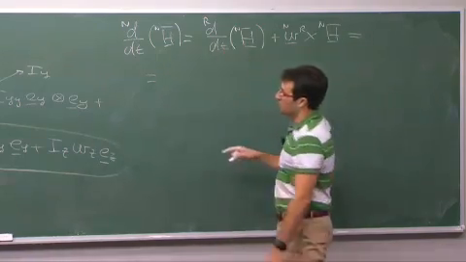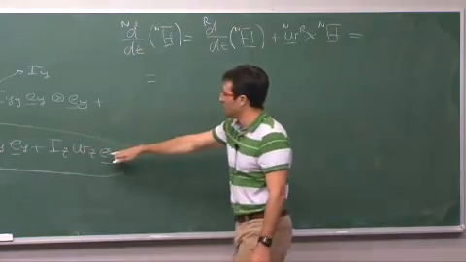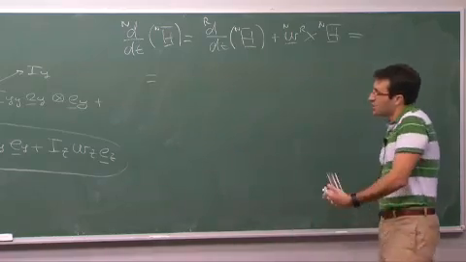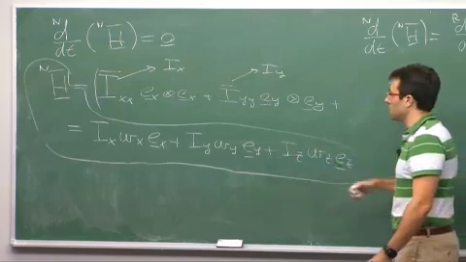What do you get for the first one? What are the things that depend on time here, that I see changing if I'm sitting attached to the body? Only the omegas.